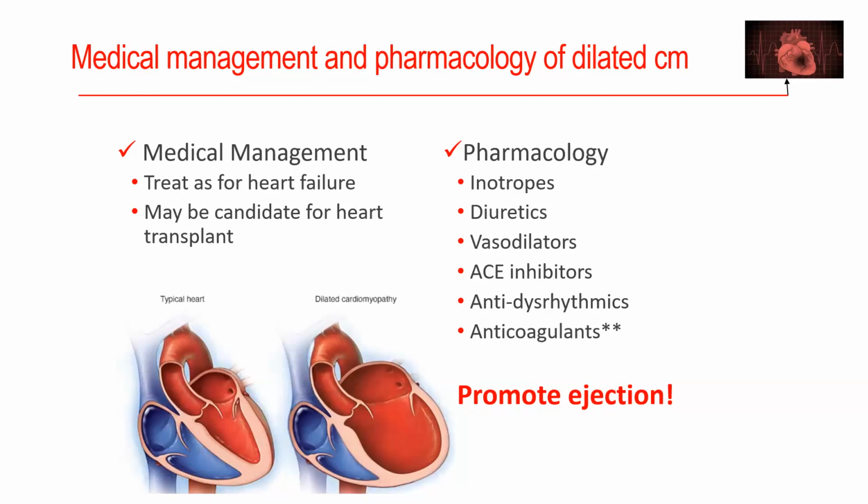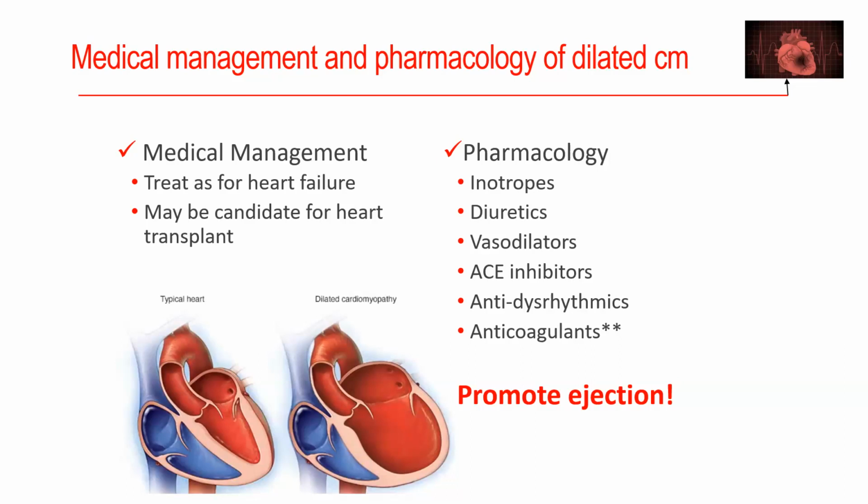Okay, so when we think about it as a failure to eject, it would make perfect sense to say what we want to do is reduce the dilation of the chamber by using diuretics, by using ACE inhibitors. And what we also are going to consider is promoting ejection using inotropes, dilating the arteries.